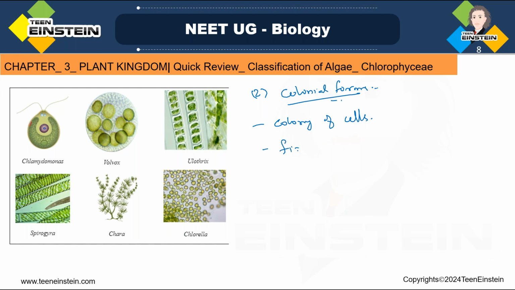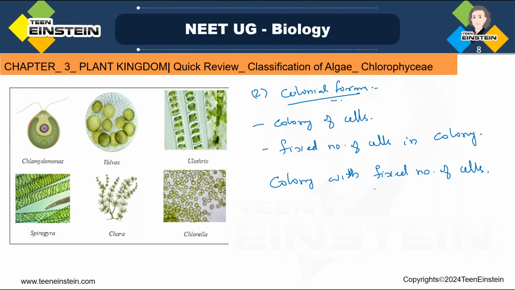It's not as many as they want; there will be a fixed number of members. The colony with a fixed number of cells is called cenobium.